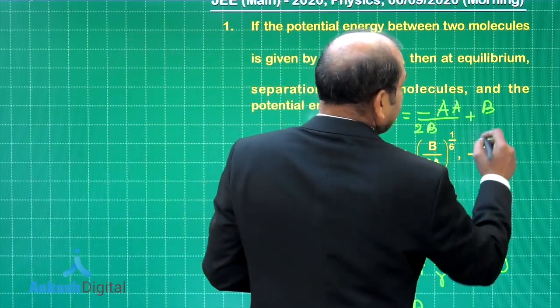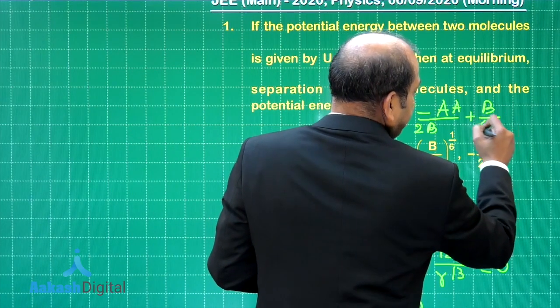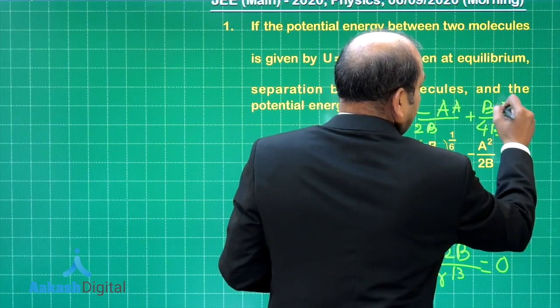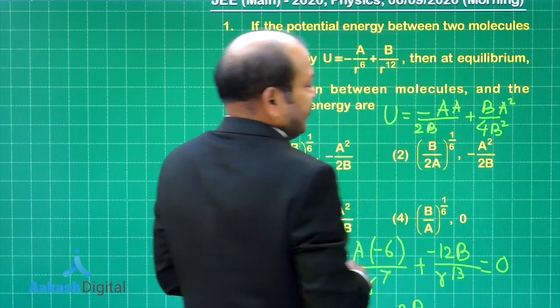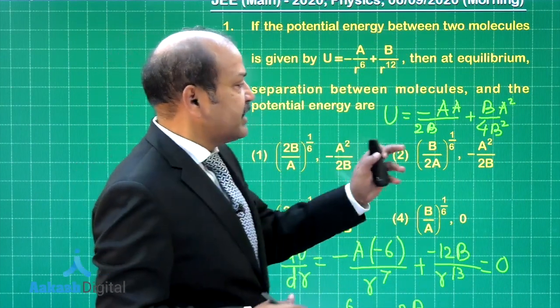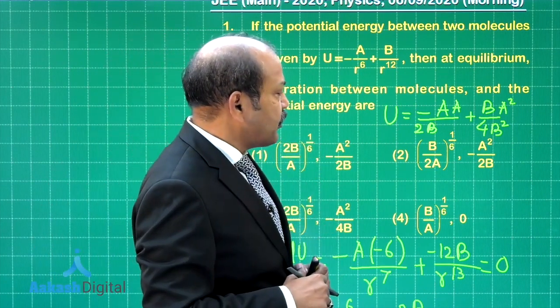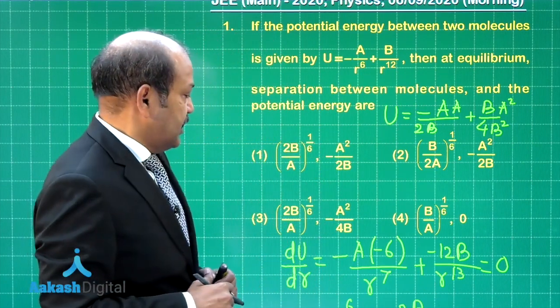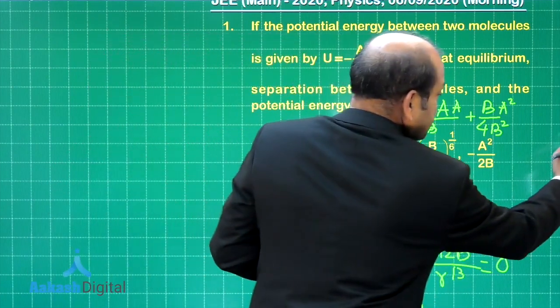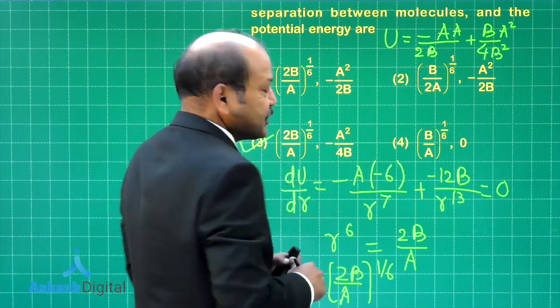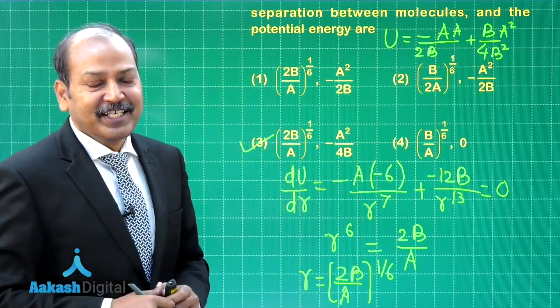So, let us put it here as 4b square divided by a square, and what is it equal to? Clearly, it is equal to in fact minus of a square divided by 4b. So, if we look at the two answers, clearly option 3 is matching with our solution. So, the question is done.